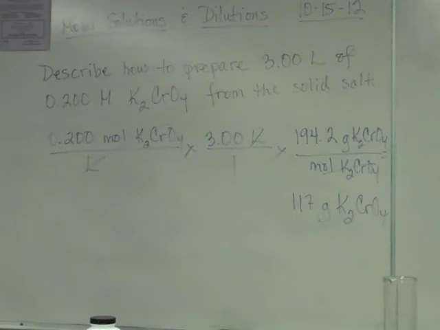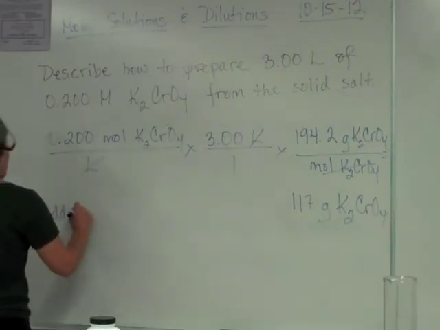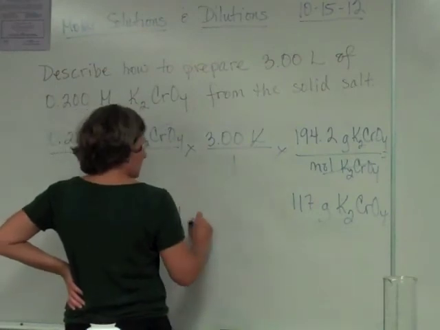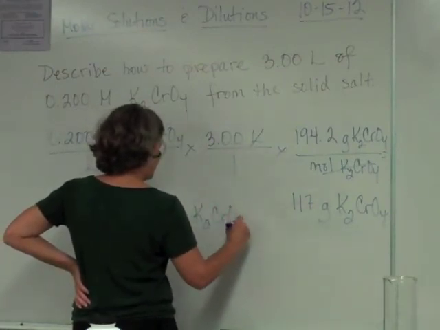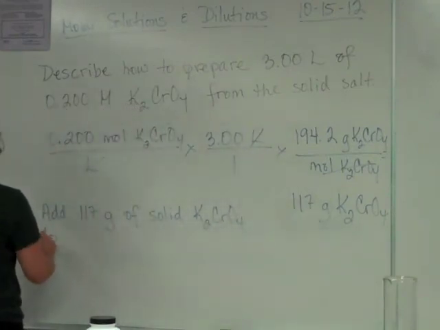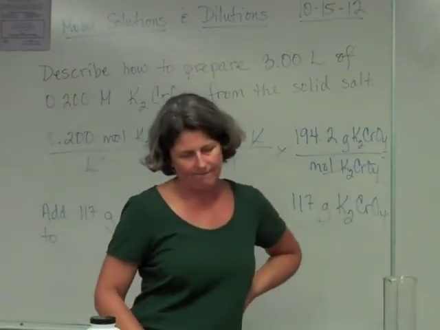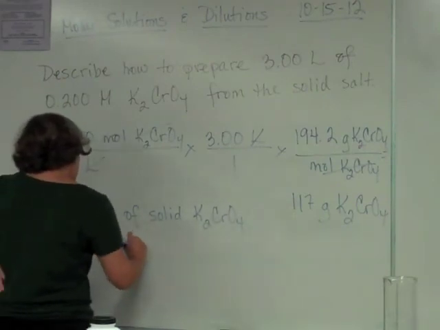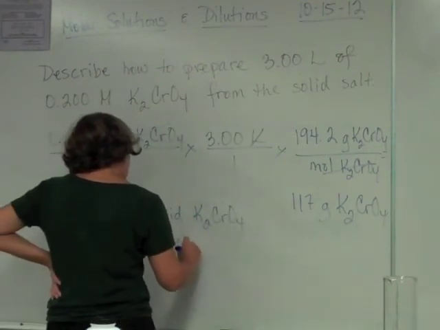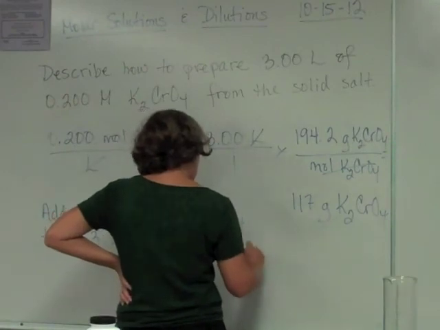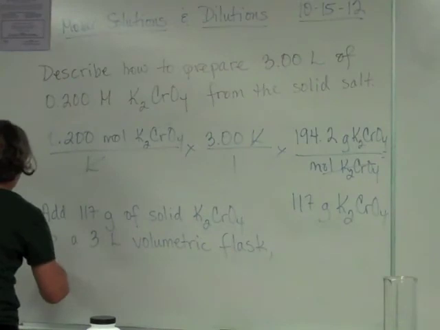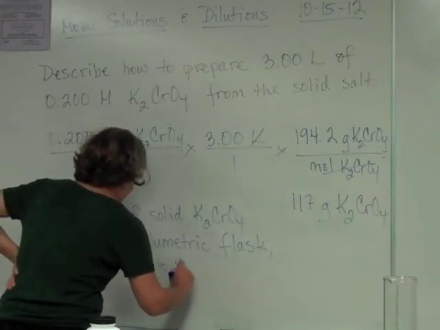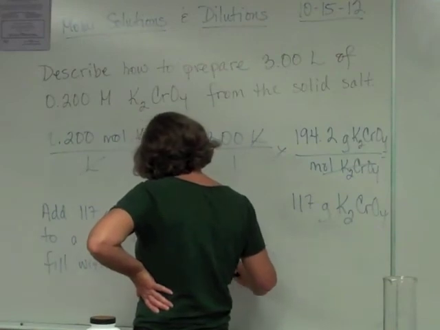I am going to add 117 grams of solid K2CrO4 to a 3-liter volumetric flask, fill with water to the mark, and mix well.